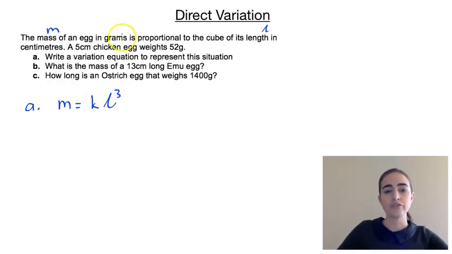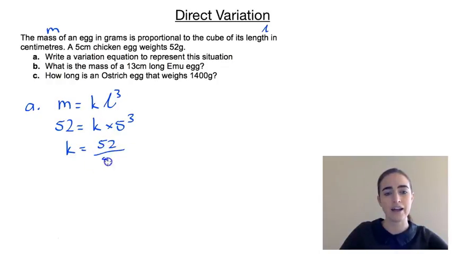Now to figure out the value of k, we're going to substitute in the values that we know. So that's our 52 grams for a 5 centimeter egg. So we'll have 52 equals k times 5 cubed. To figure out k, we're going to go 52 divided by 5 cubed, or you could figure out the 5 cubed first and write 52 divided by 125.